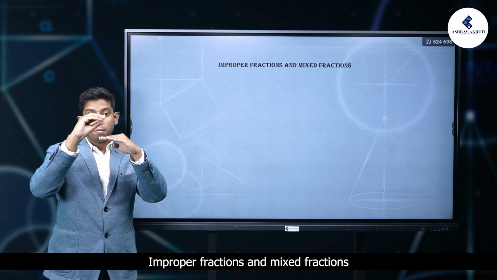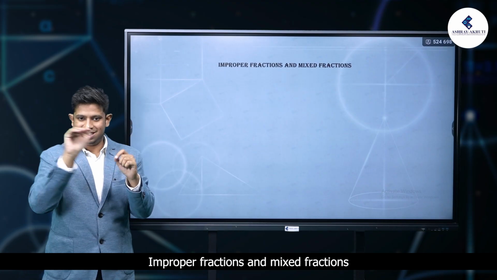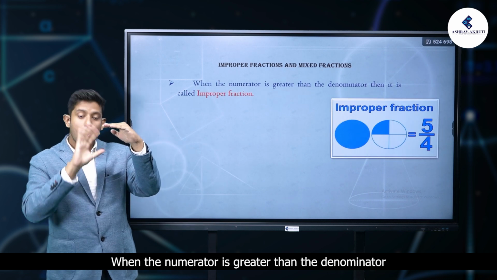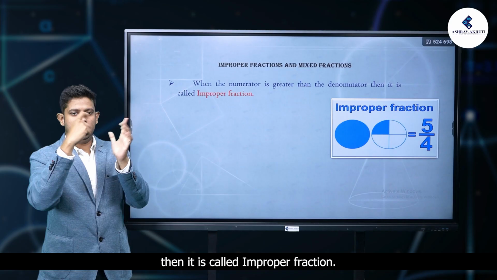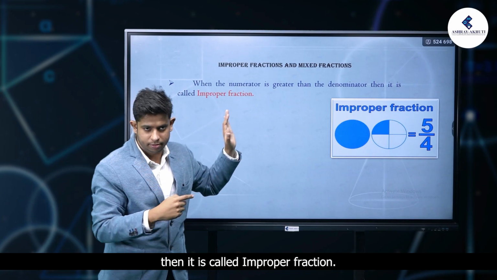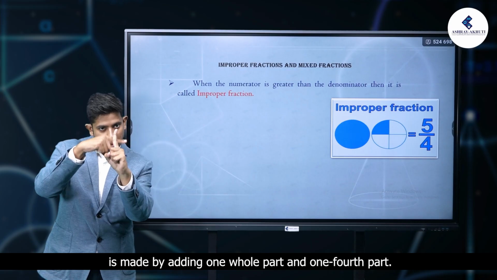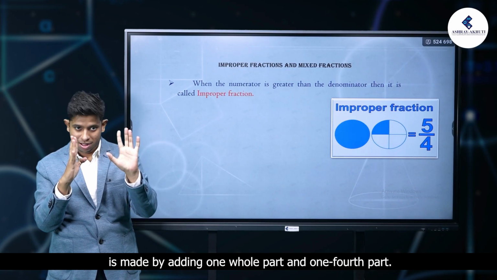Improper fractions and mixed fractions. When the numerator is greater than the denominator, then it is called an improper fraction. The above fraction is made by adding one whole part and 1/4 part.